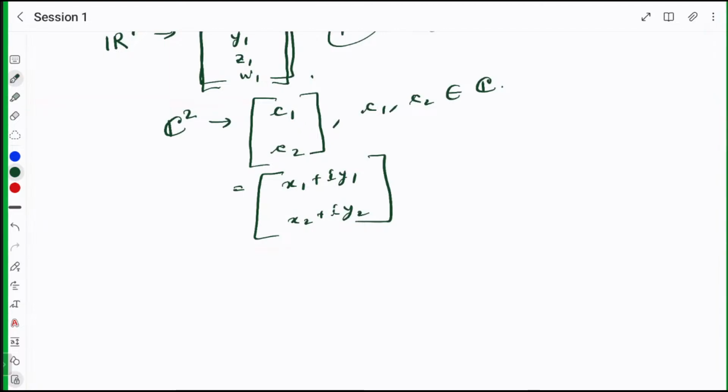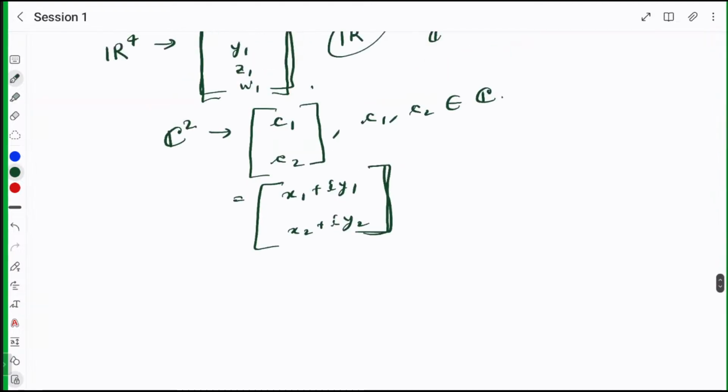So in general, at least it seems right now, this is something which is kind of hard to visualize, or it does not have a physical representation as such. So you could have C2, C3 like that.